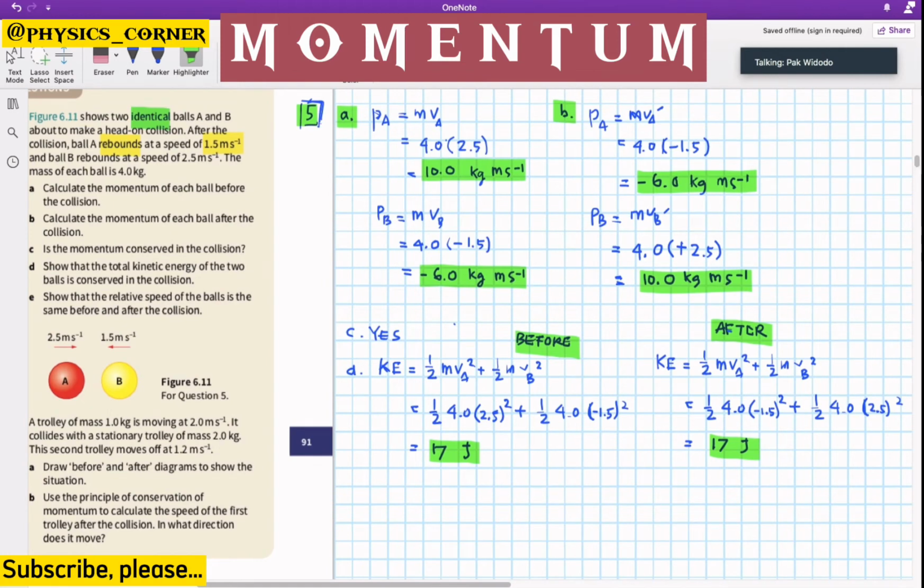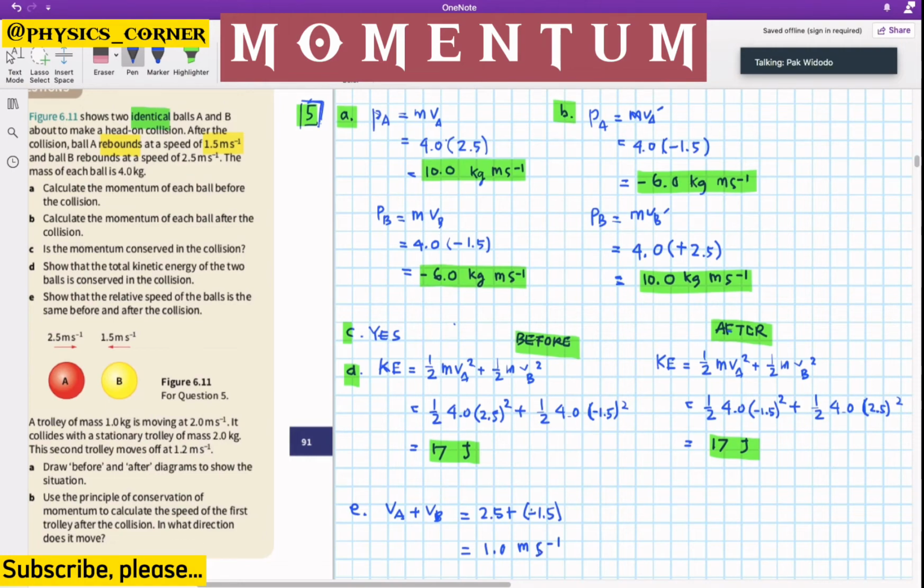Then the relative speed is the same. Let's finish one more number. Is the velocity the same? VA plus VB before is 2.5 plus negative 1.5, so 1.0 meter second minus 1.